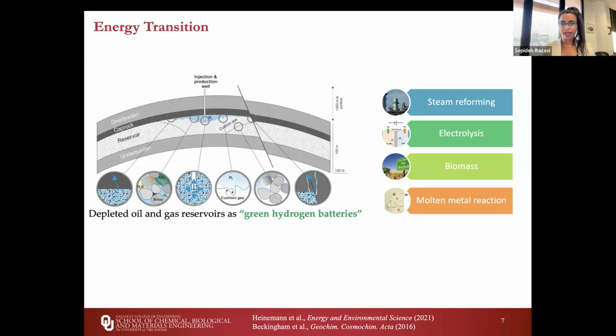And depleted oil and gas reservoirs have been emerging as a great potential for storage of hydrogen because, for number one, they have been holding hydrocarbon for millennia. Oftentimes in these depleted oil and gas reservoirs, there's already infrastructure for charge and discharge, so that can benefit economically. And therefore, these can be great because they also offer very high storage capacity.